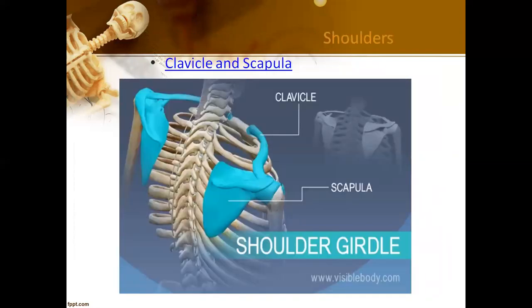Okay, here's the shoulders. Let's take a look. The large picture is looking at your back. So on the back, the big blades are called the scapula, and in the front, moving around toward the front of the shoulder area, is the clavicle.